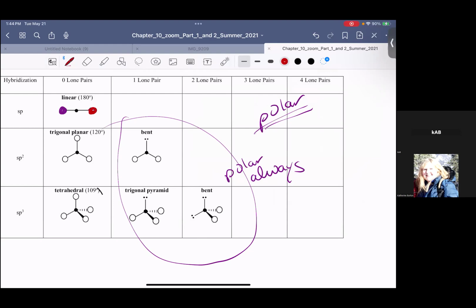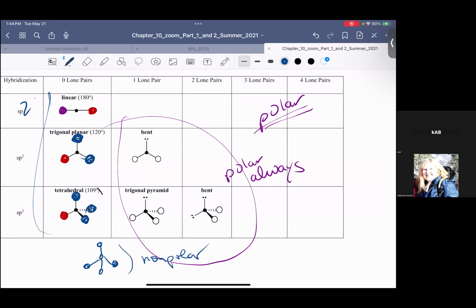And it doesn't matter which one of these we have, if we have two different elements attached, we are going to have polarity. All we need is a difference on the two different sides of our atom. So if we have two different things attached, these would be polar. If we have the same attached, where everything was the same, this would be nonpolar.